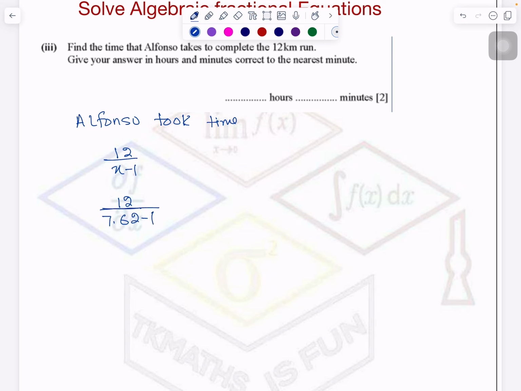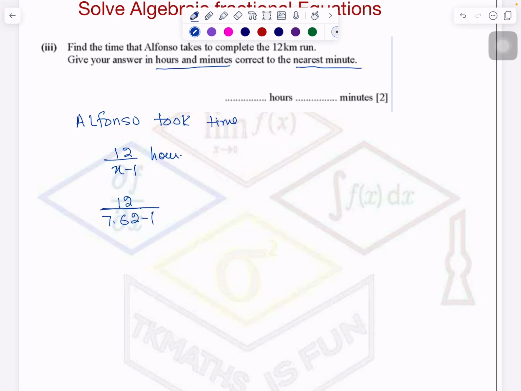And the question is saying very clearly you have to give this answer in hours and minutes and to the nearest minute. Right now this time is in hours, from part 1. So let me solve this. It is 12 divided by, what is 7.62 minus 1? 6.62, right?